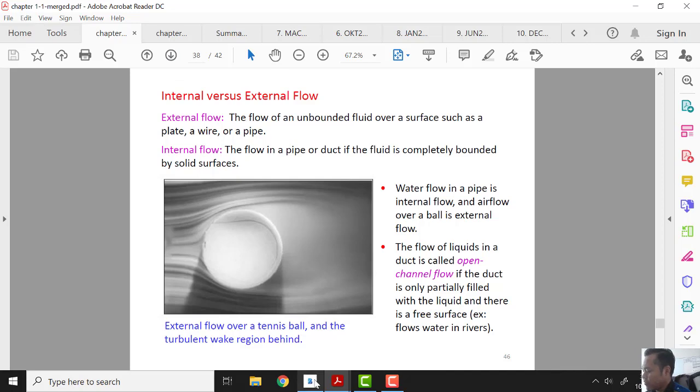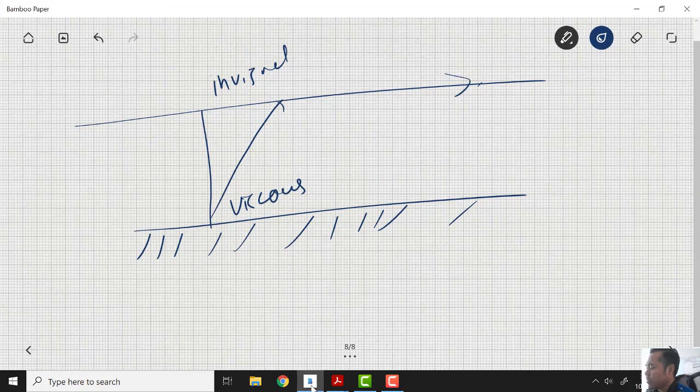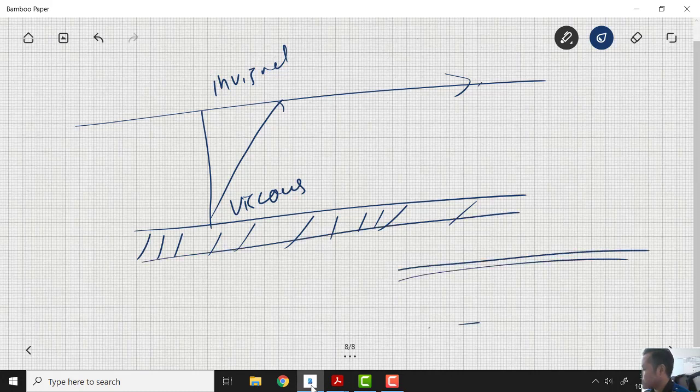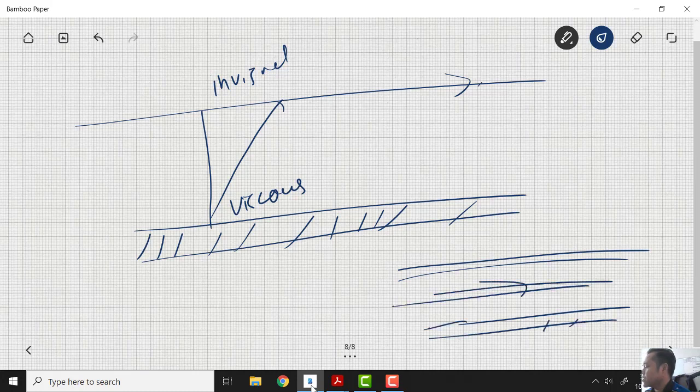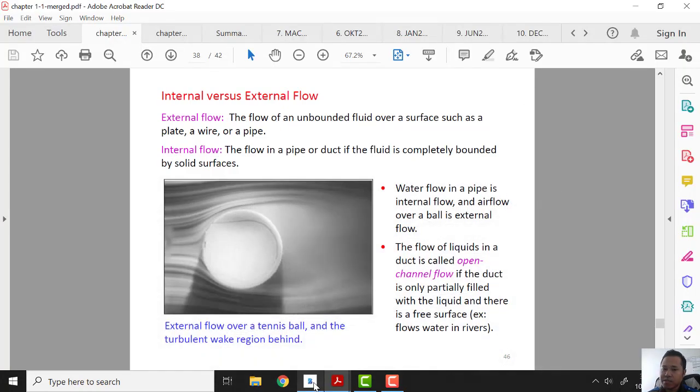If the flow is over a surface, we call it external. If the flow is moving inside a pipe, for example, it is internal flow. Examples of external flow are water in a drain, water in a lake, water in a river.